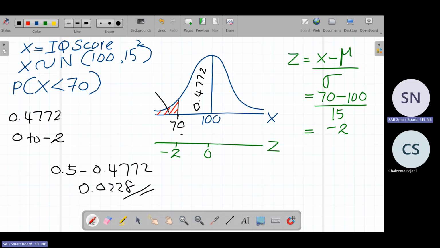It's clear? Understood? Then try to find the probability that the IQ score is greater than 70. IQ score greater than 70.